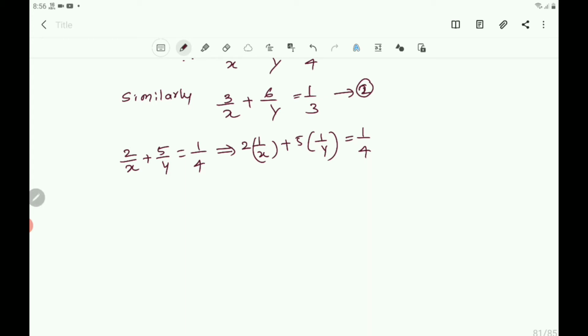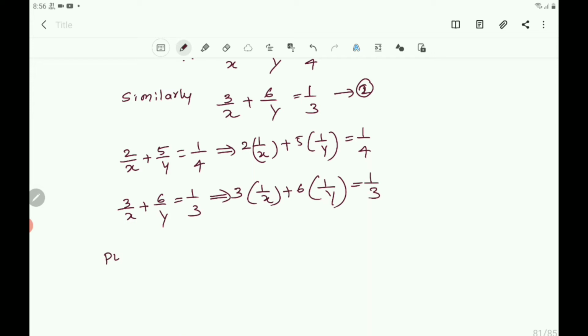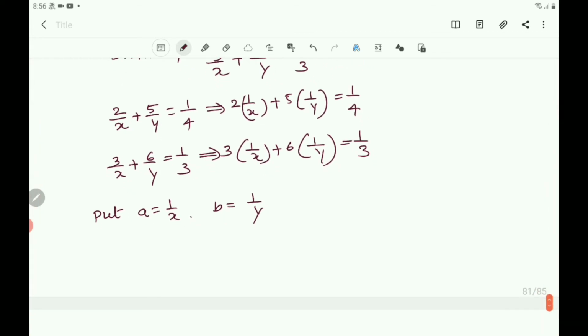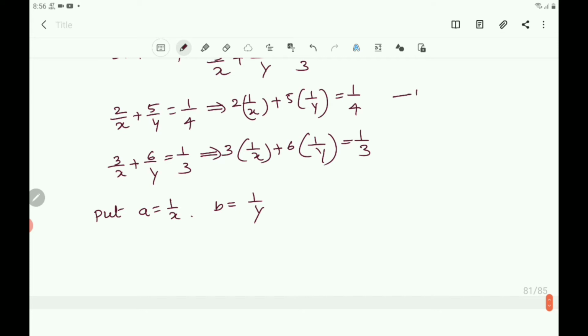The second one, 3 by x plus 6 by y equals 1 by 3, is nothing but 3 into 1 by x plus 6 into 1 by y equals 1 by 3. Here you put a equals 1 by x and b equals 1 by y. Consider this as equation 1 and this as equation 2.